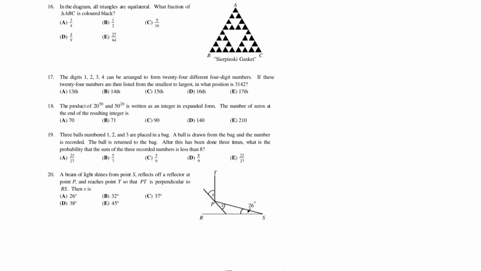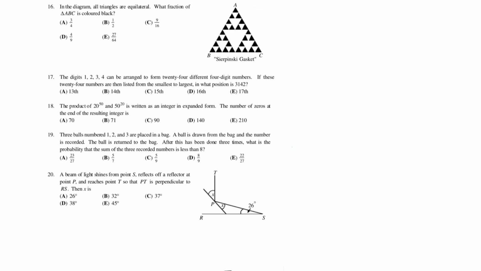Number 17. The digits 1, 2, 3, 4 can be arranged to form 24 different 4-digit numbers. If these 24 numbers are then listed from the smallest to largest, in what position is 3142?